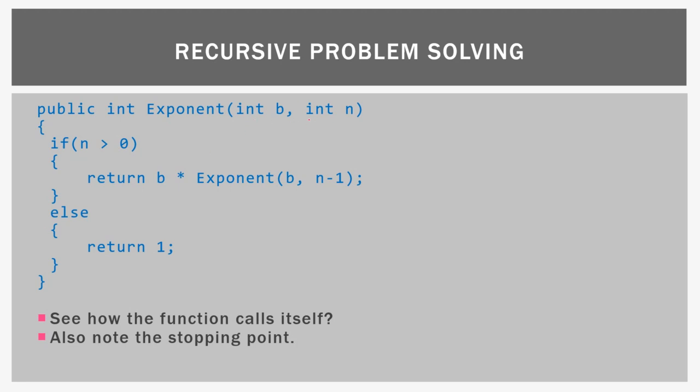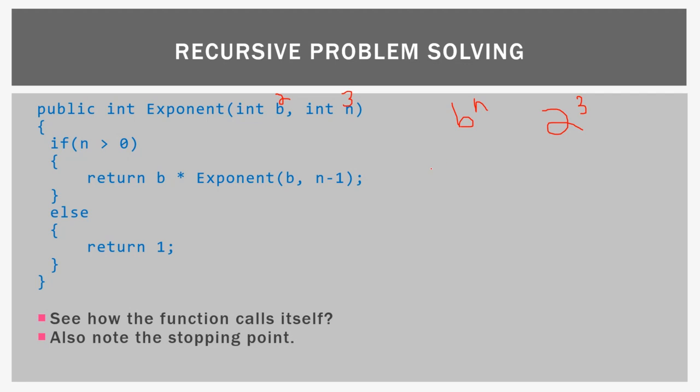So if we look at the inputs, b and n, we already said that b has to be an integer greater than 0, and we want n to be an integer greater than 0 as well. So if I calculate, for example, 2 to the power of 3, b is 2, n is 3. So we're saying if n is greater than 0, which it is, we're going to return b times the exponent of b to the n minus 1.